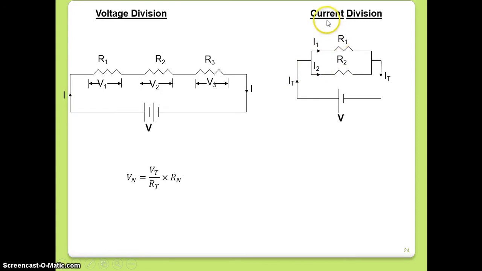So it is the current division that happens in a parallel network. Now the current division is applied or used in a slightly different way. I mean, the equation is slightly different.